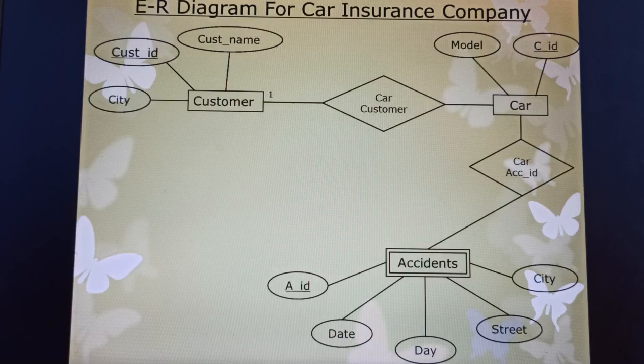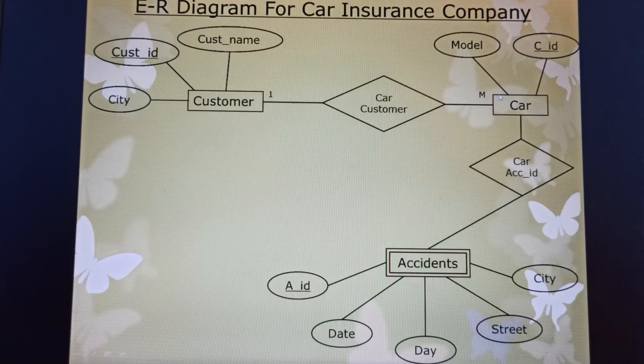Now we have to represent the mapping cardinality of particular entity sets. Now one customer can have many cars, therefore the relationship car customer is represented using one to many.